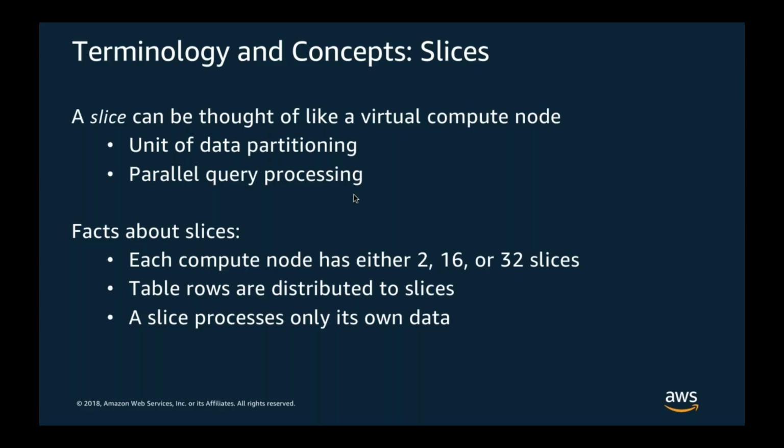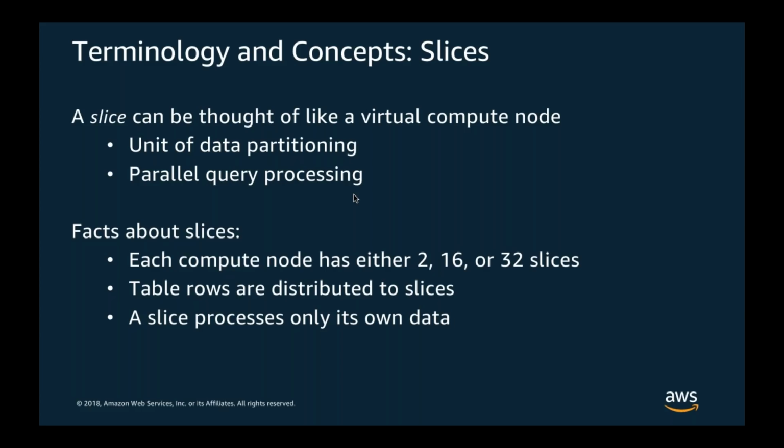What that essentially means is that if a node has 2 slices, the total resources available in that node are divided by 2 and given to each slice. So on the DC2.large, it has 2 CPUs, 15 GB of memory, and 160 GB of storage. If you have 2 slices, each slice gets an equal portion of that. Now, where this has an implication is when you submit a query, each slice is basically going to process only its own data.